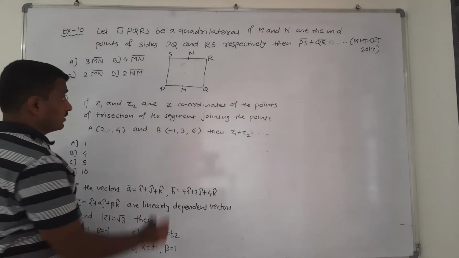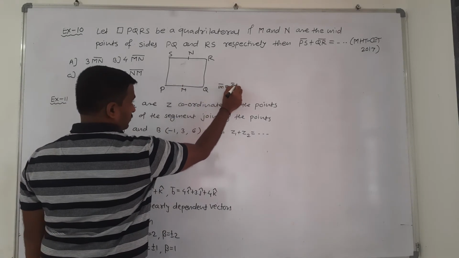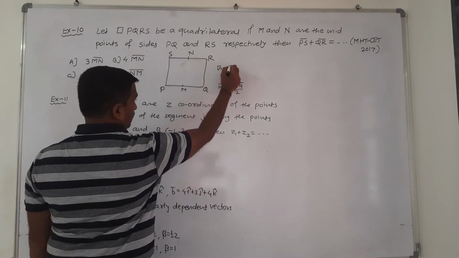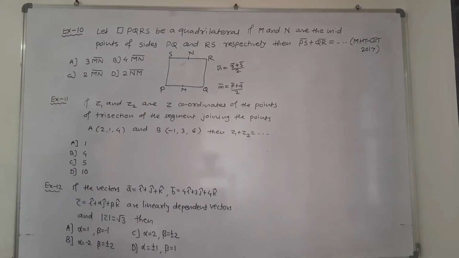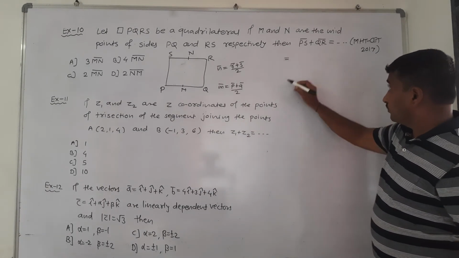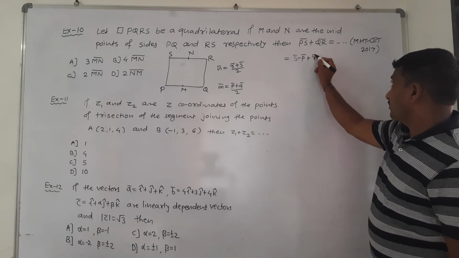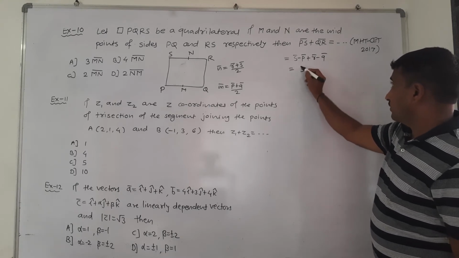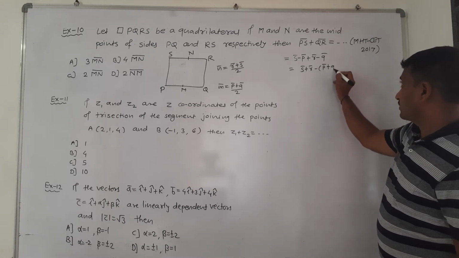Then M is the midpoint, therefore M bar is equal to P bar plus Q bar upon 2. N is the midpoint, therefore N bar is equal to R bar plus S bar upon 2. This is just by the midpoint formula. Now PS bar plus QR bar, I write in terms of position vectors: S bar minus P bar plus R bar minus Q bar. Then it is equal to S bar plus R bar minus P bar plus Q bar.